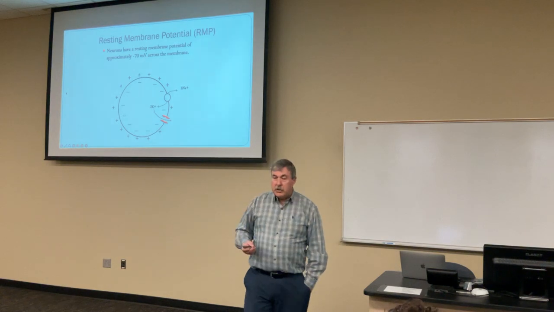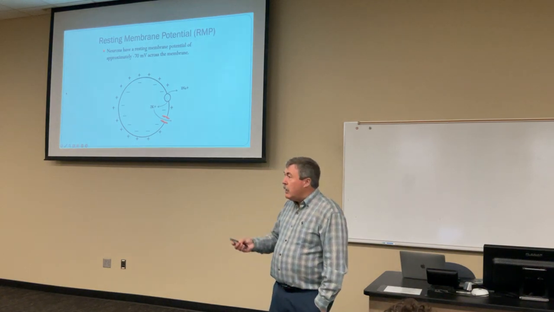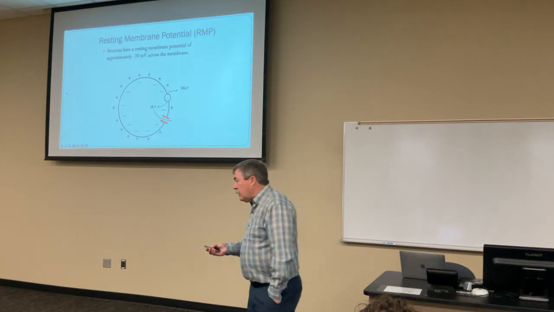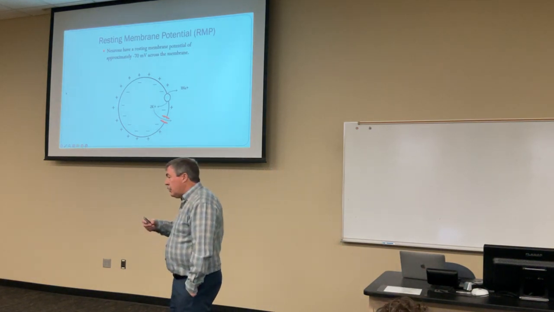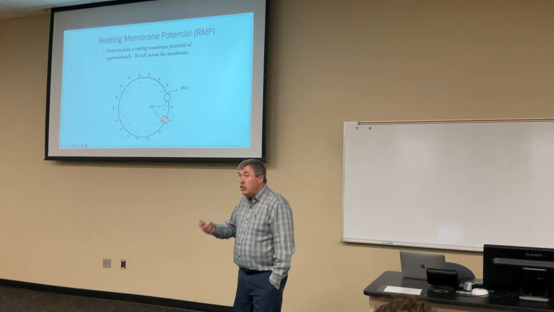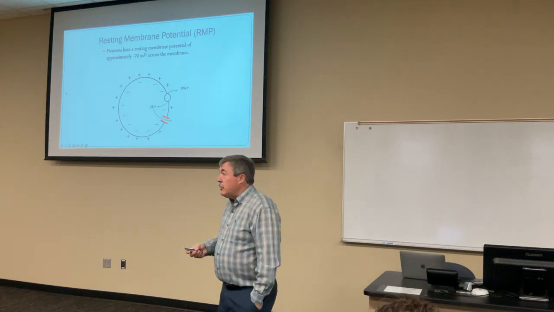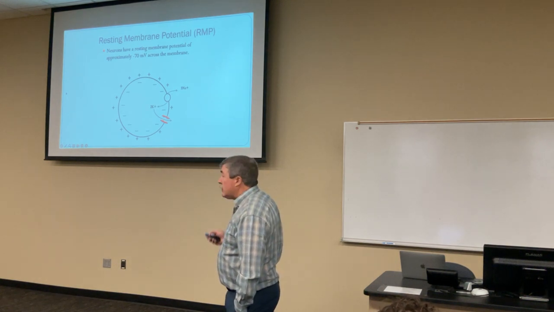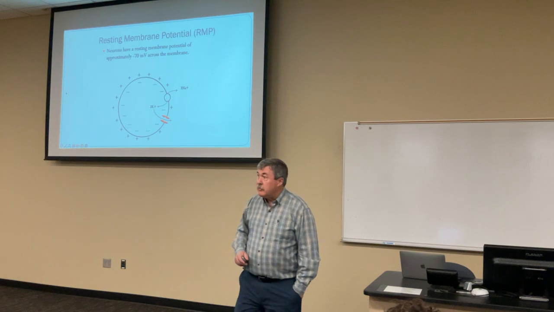Okay. So what we're going to do next in this section of chapter 12 is look at the contribution of each one of those ions that I mentioned, like chloride, as well as sodium and potassium and a few other ions, because each one of them contributes in at least a small way to this resting membrane potential of minus 70 millivolts.